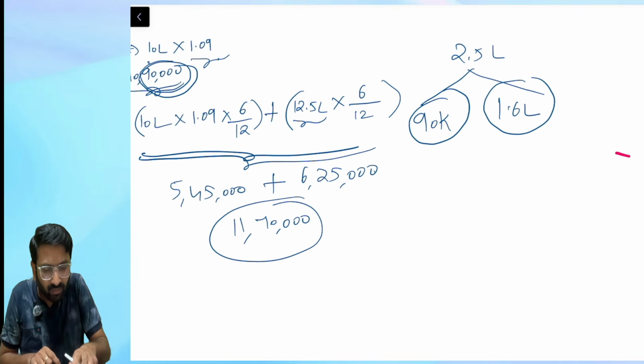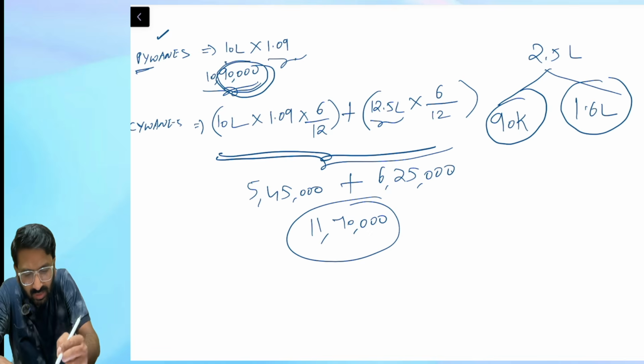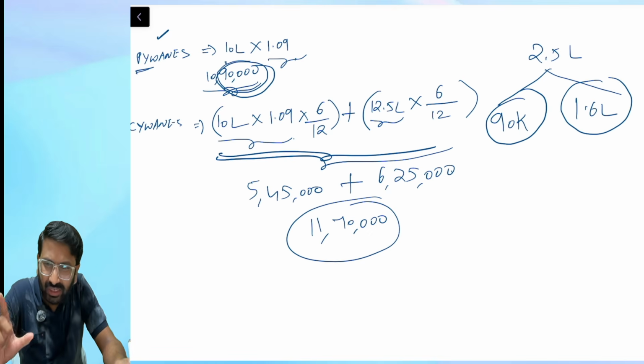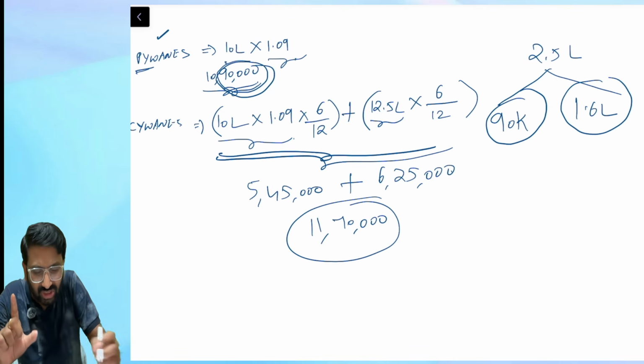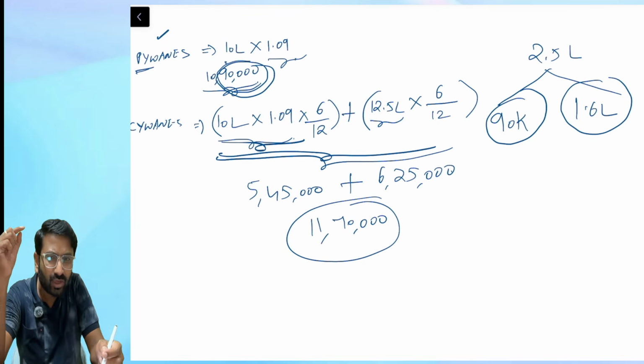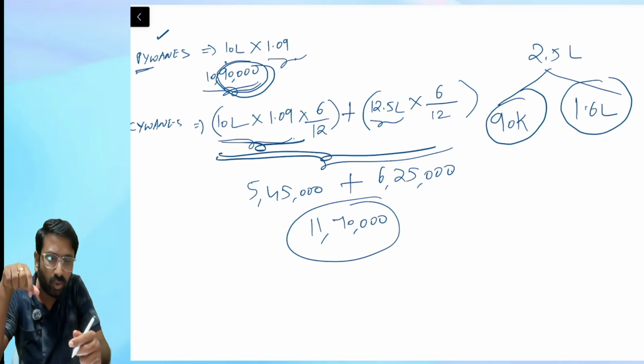Now, if you apply the formula, 10 lakh into 1.09 gives 10 lakh 90,000, which includes the 10 lakh opening balance and 90,000 bonus issue.